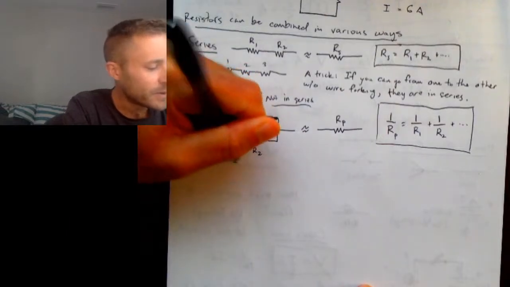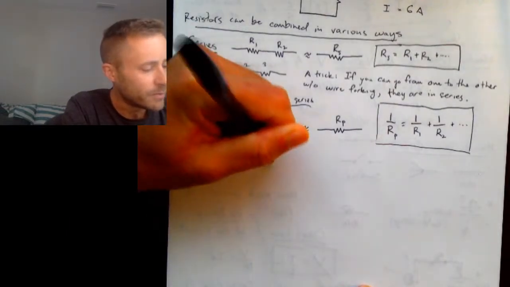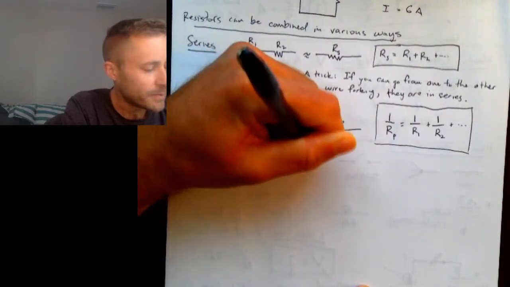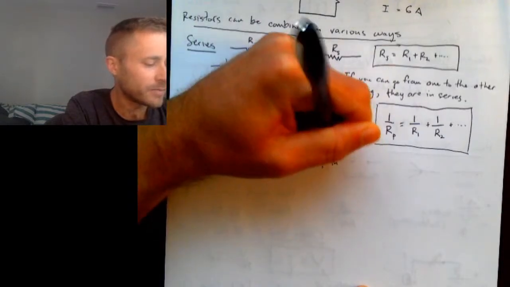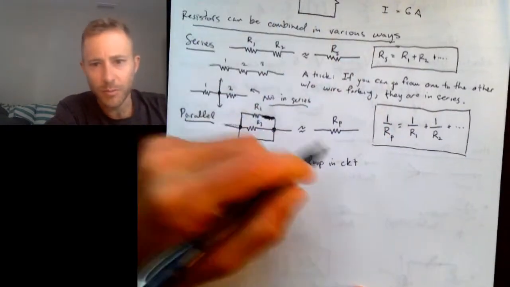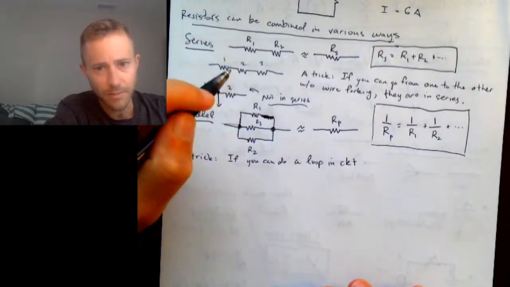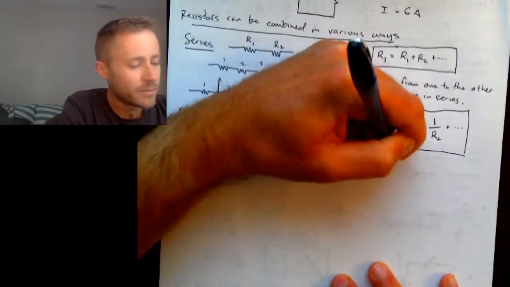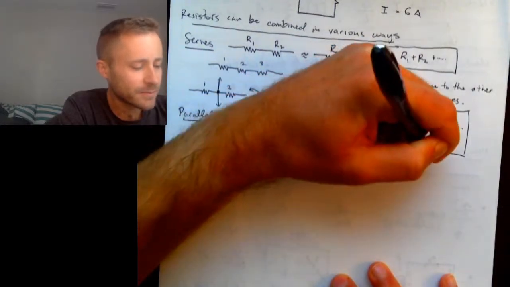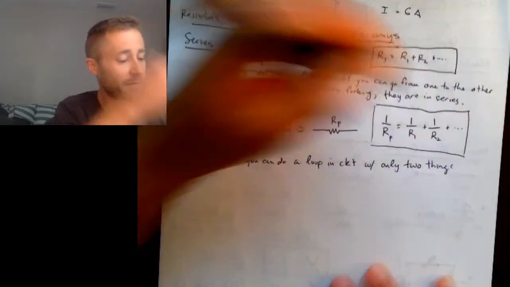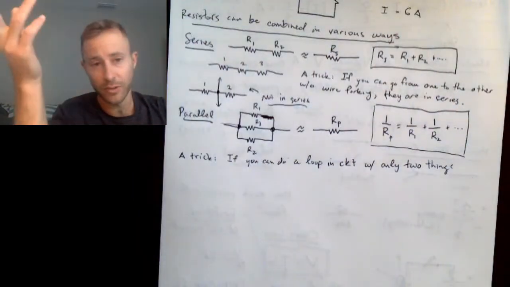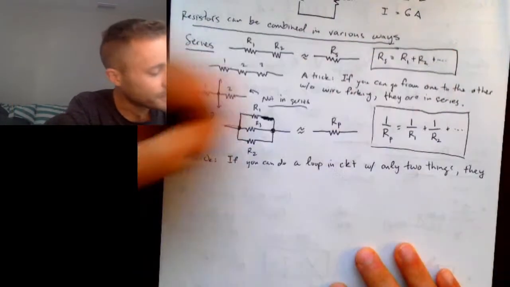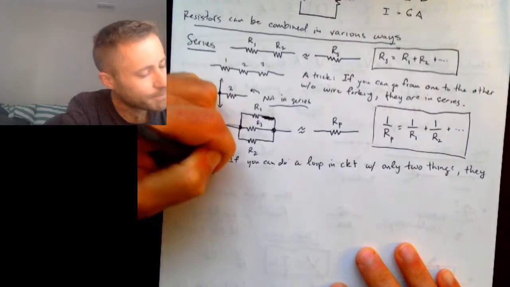If you can do a loop in the circuit, so sometimes I'll abbreviate circuit as CKT, with only two things, so in other words, only two resistors in it, they are in parallel.